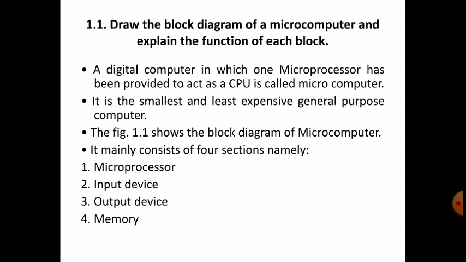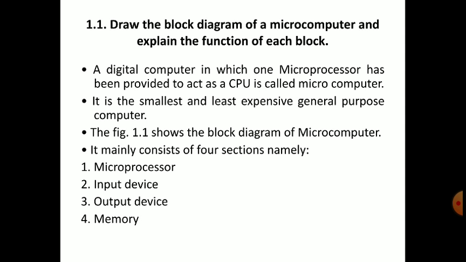So a digital computer in which one microprocessor has been provided to act as a CPU is called a microcomputer. It is the smallest and least expensive general purpose computer. It is a general purpose computer, not an application specific computer.